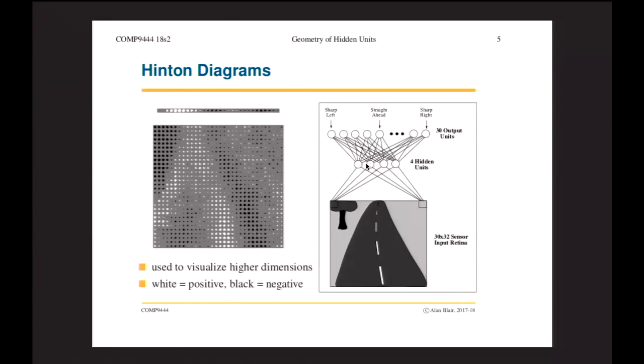Now, when we do our back propagation, because the weights of this node are the same as the weights of this node, the gradient of these weights is going to be exactly the same as the gradient of these weights, and the update of these weights is going to be exactly the same as the update of these weights.